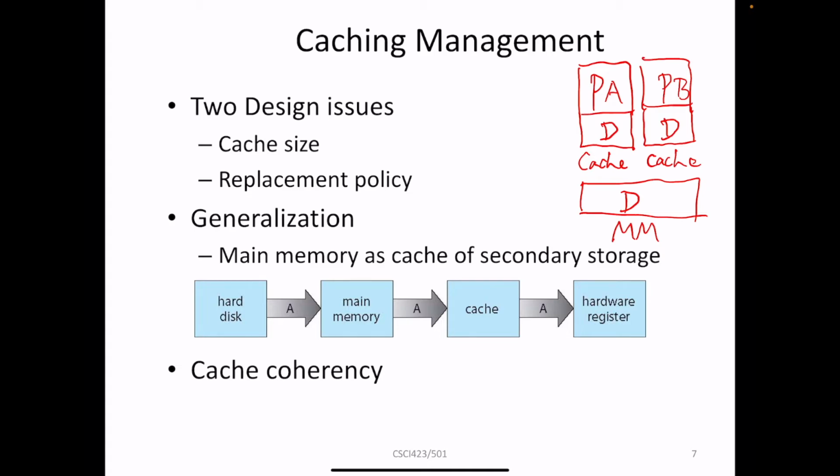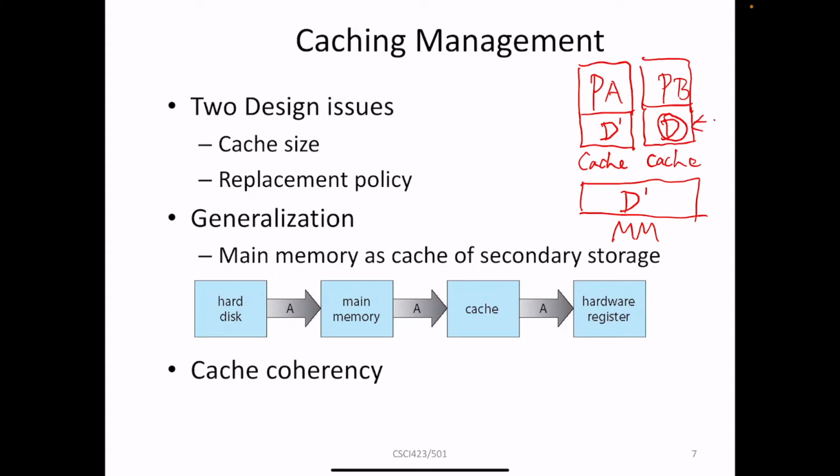Then processor A changes the data D to D prime and also updates D prime in the main memory. Since the cache of processor B still has data D, this one doesn't change. So when processor B needs data D, it just gets D from its cache, which is the old data.